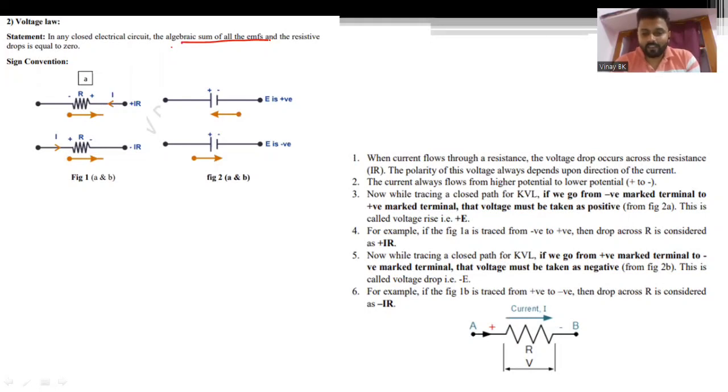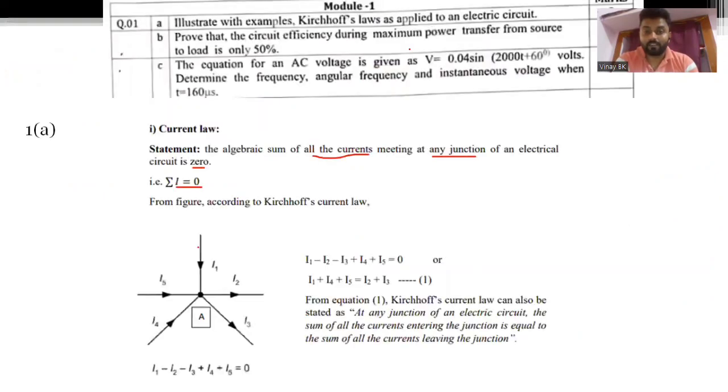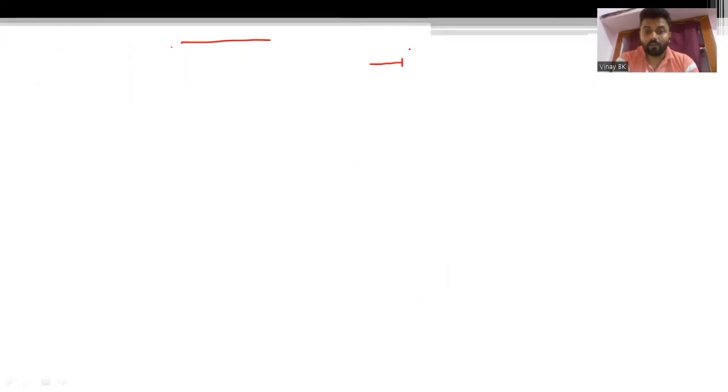You should know one thing: the current always flows through the supply from lower potential to higher potential. For example, if there is a battery with a lower potential and a higher potential, the current always flows from lower potential to higher potential, that is, from negative to positive.